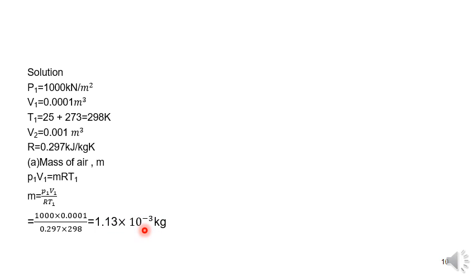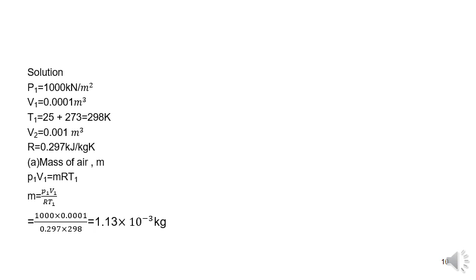If you don't remember the unit of mass, but you know the formula, simply substitute the units in the formula: the pressure units, volume units, R units, and the temperature units.